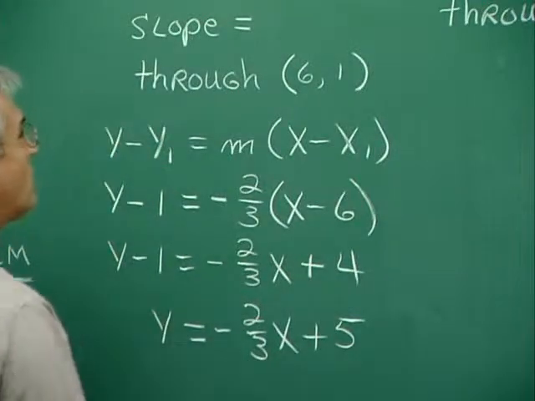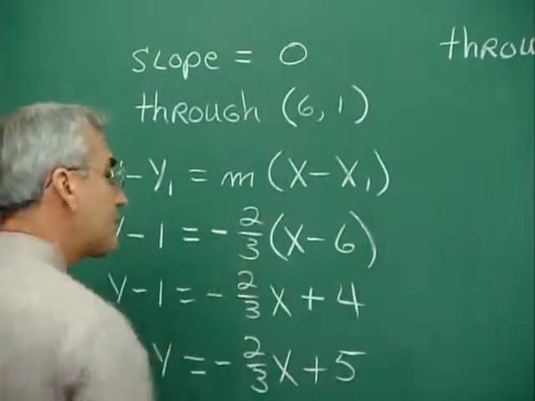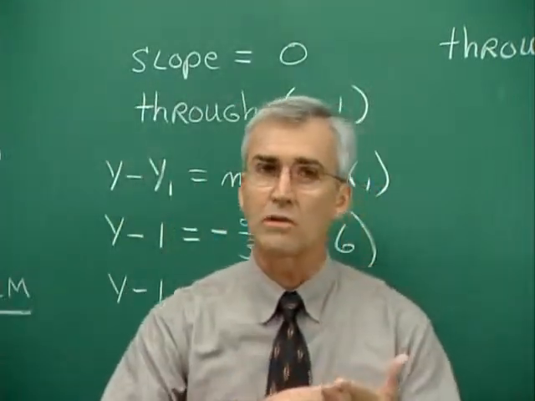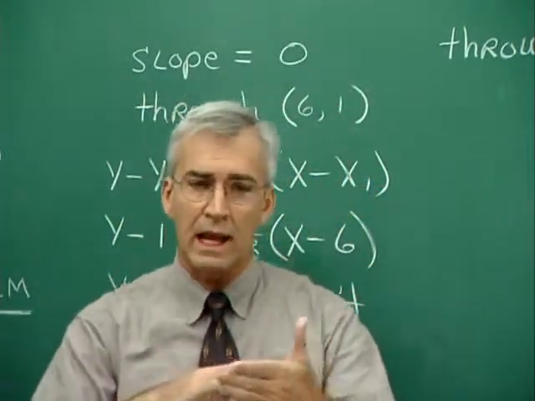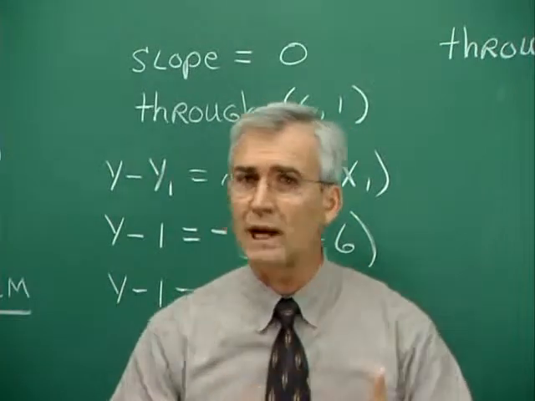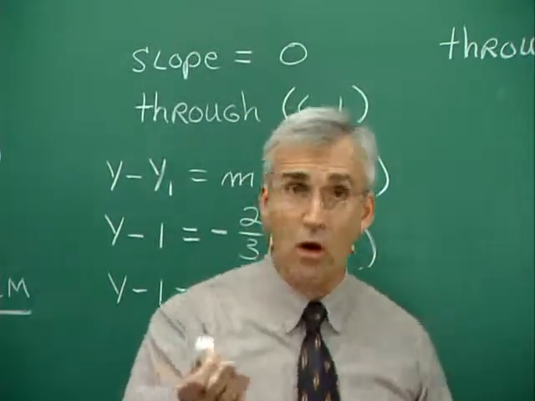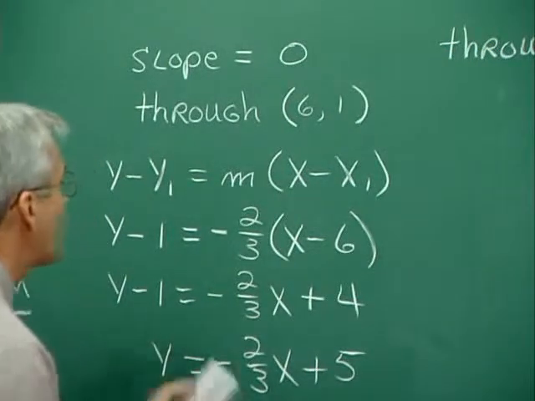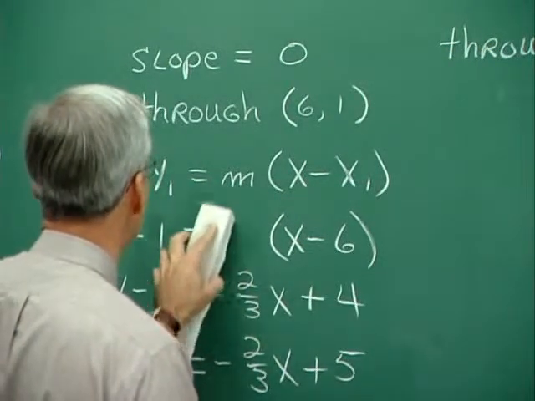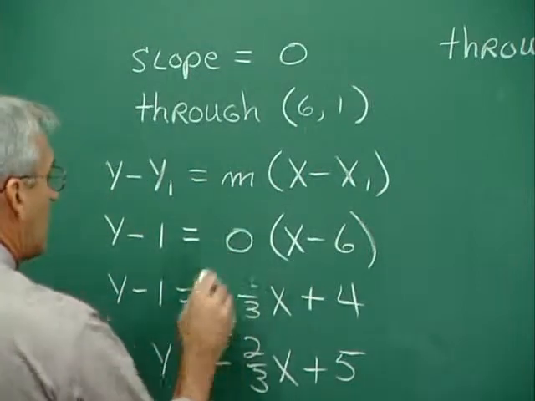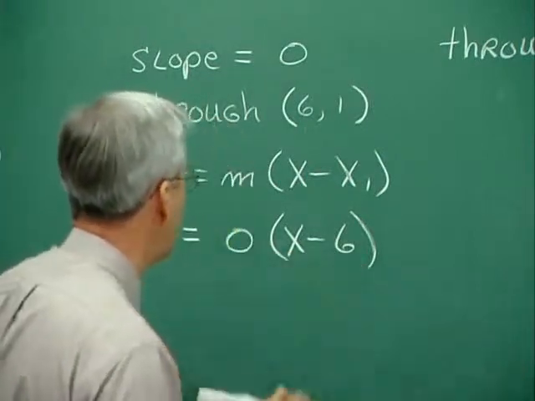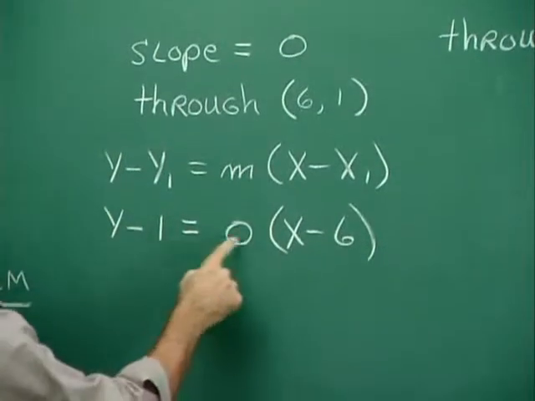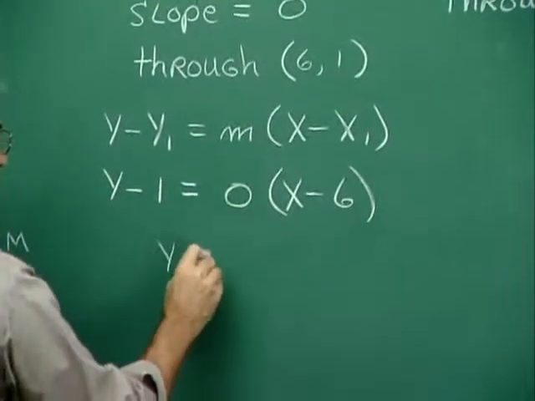If we had a slope of 0, then the first thing we should think about is that we have a horizontal line, and we could go directly to the equation of this line, or we could use this point slope form. You see, if we use the point slope form, then m is replaced with 0, and this goes out, so we have y minus 1 equals 0, or simply y equals 1.